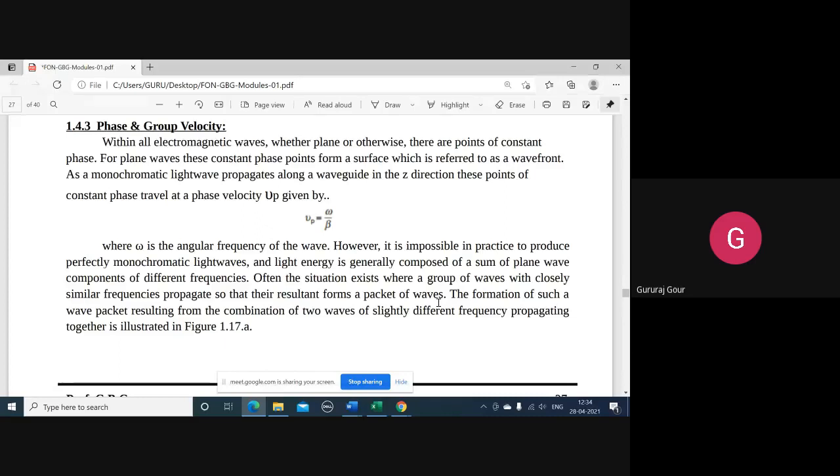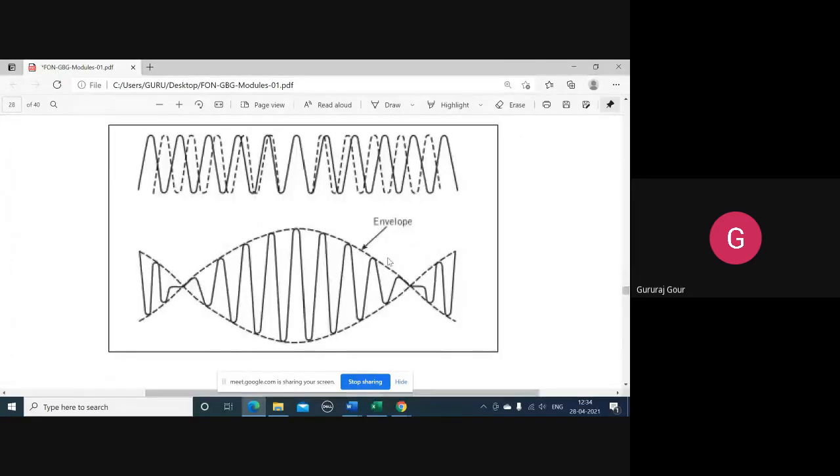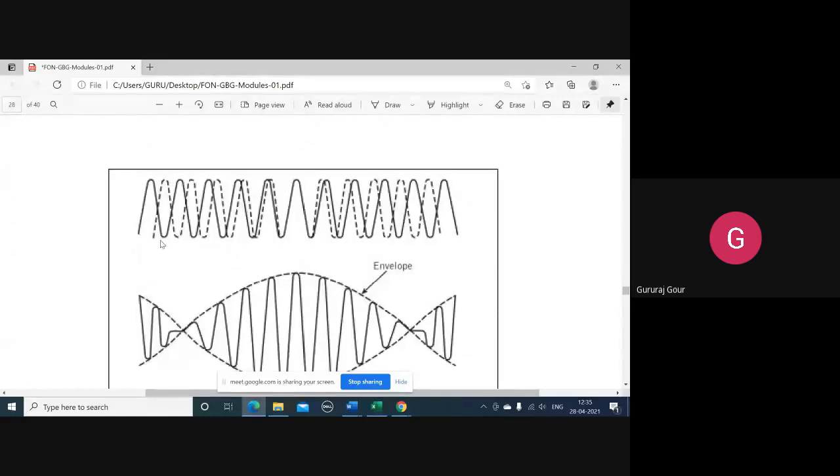If you look at this figure, things will be clearer. The thick line indicates one wave component, and the dotted line indicates another wave component. And if you see there, their wavelength difference is not differing much.